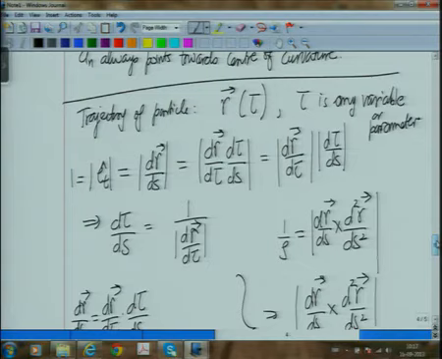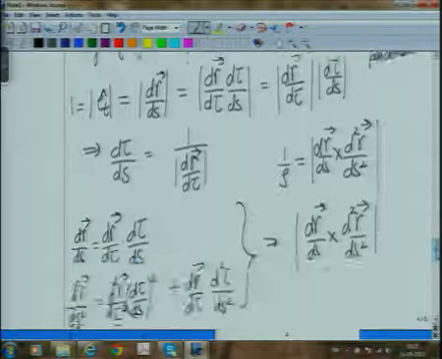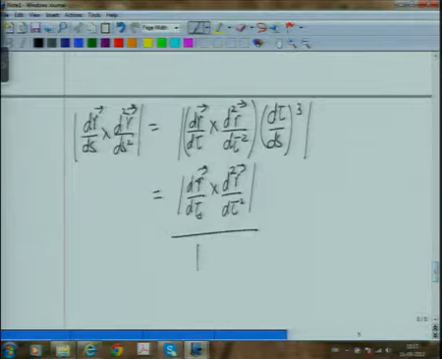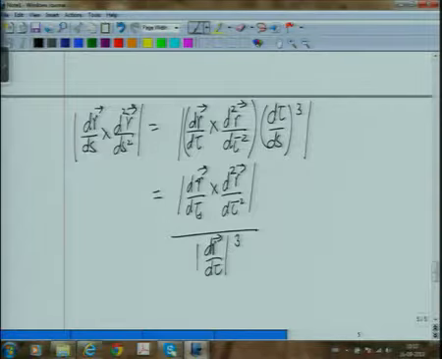So we use this, and this becomes divided by magnitude of dr by d tau whole cube. So this is equal to 1 over rho.